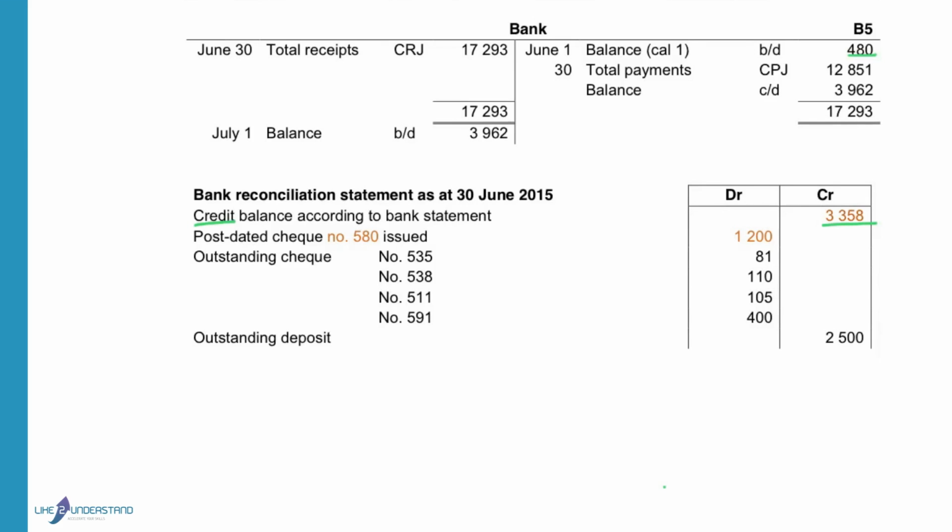What's very important to remember is that our bank increases on the debit side and decreases on the credit side. So we will have deposits on the debit side and checks on the credit side. In the bank statement that we received from the bank, according to the account in their books, they will increase on the credit side and decrease on the debit side because they treat the business as a liability.